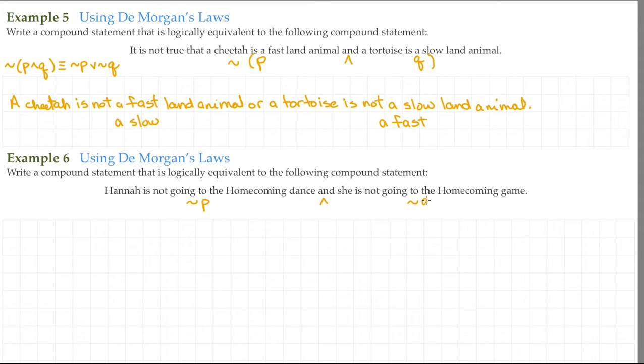So maybe that's not Q. Again, we're going to write a logically equivalent statement, same as this one. And again, we're going to use De Morgan's laws. De Morgan's laws also says that it is not true, P or Q is logically equivalent to not P and not Q.